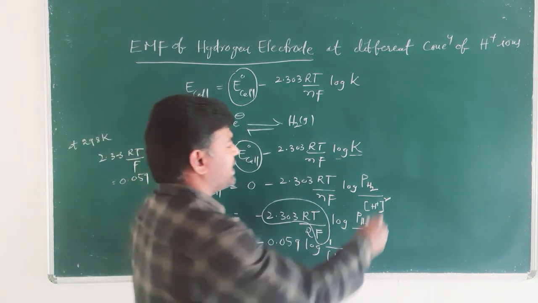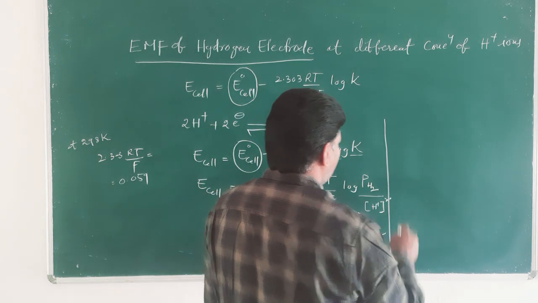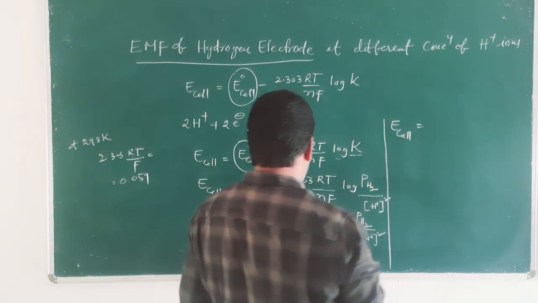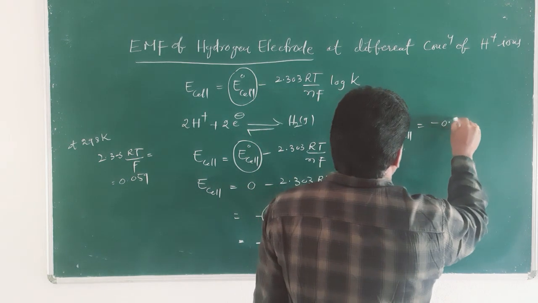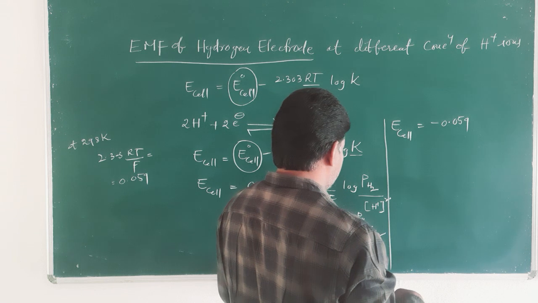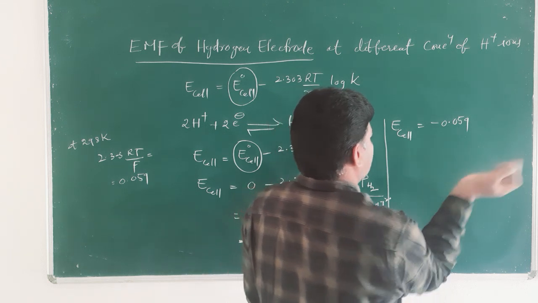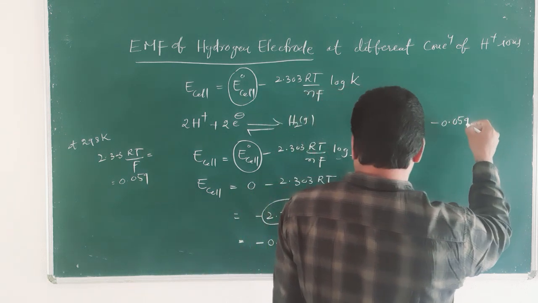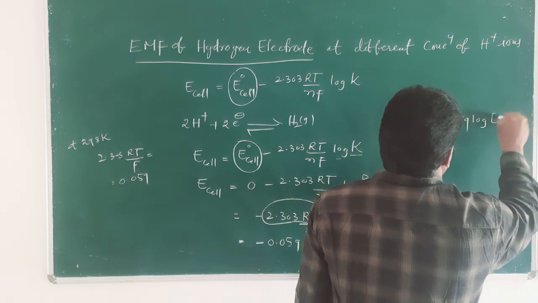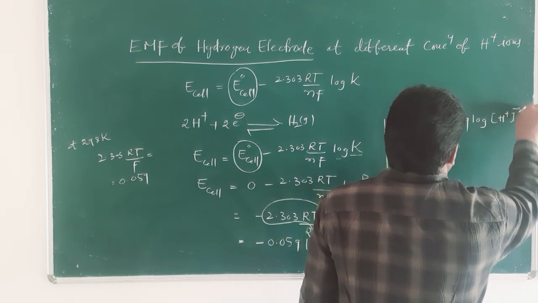And coming to the next step, E cell is equal to minus 0.059 by 2. I shall take the concentration of H plus ions into the numerator, that is log concentration of H plus ions to the power minus 2, right.